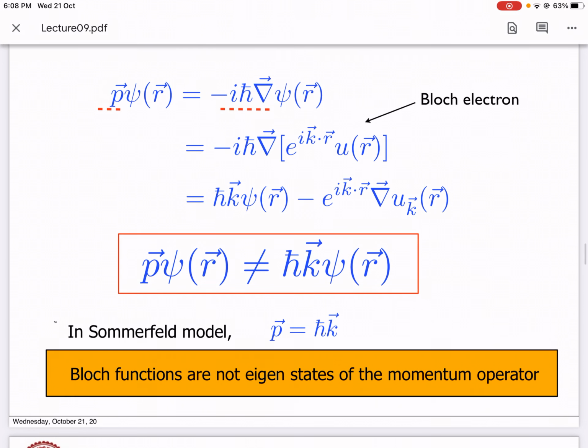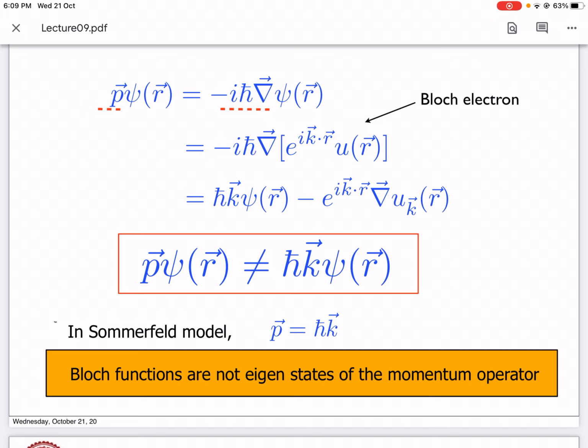The momentum operator is given by minus i h-cross del.